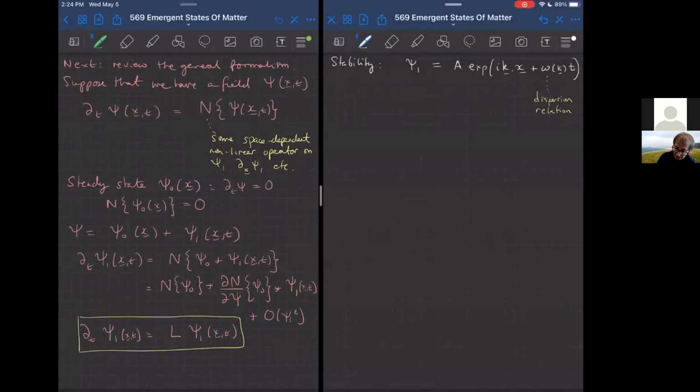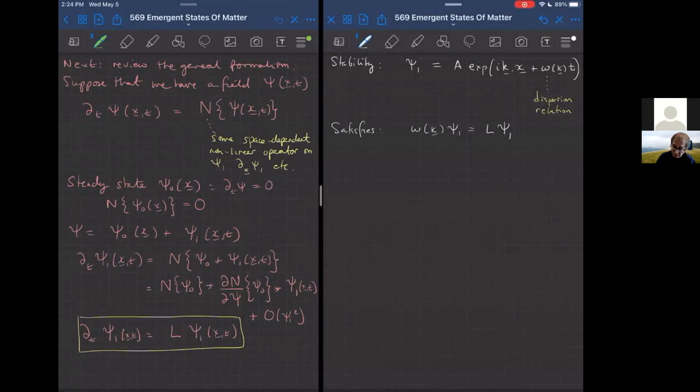Now we substitute this into the equation of motion, and so this satisfies omega_k psi 1 is equal to L psi 1, the linear operator acting on psi 1.